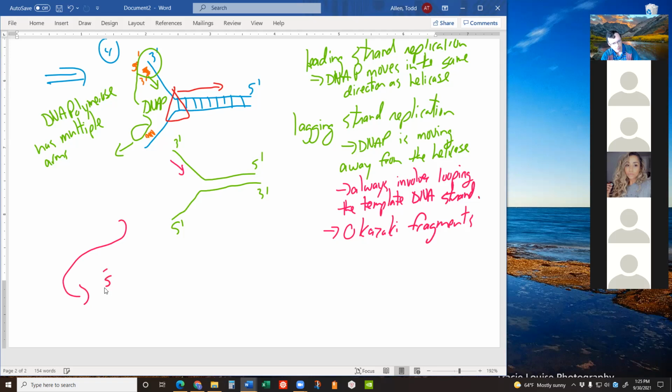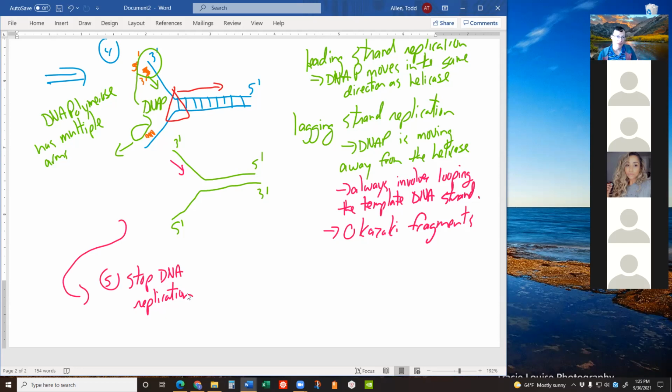Okay, number 5, stopping DNA replication. Stopping DNA replication happens when you reach what is known as a terminating region along the chromosome.